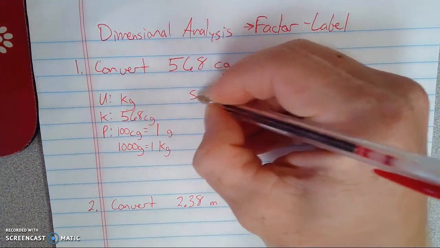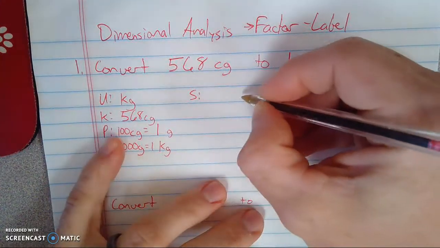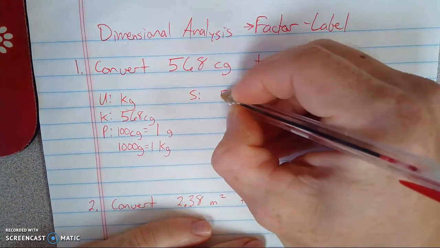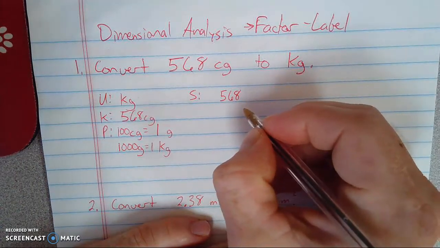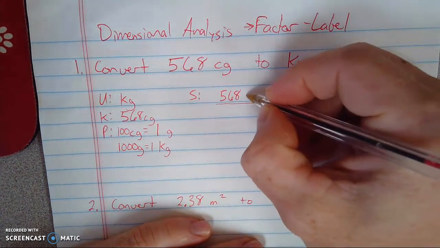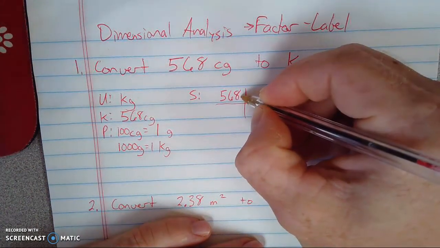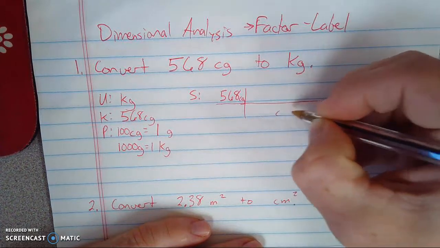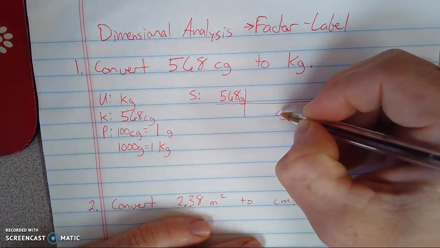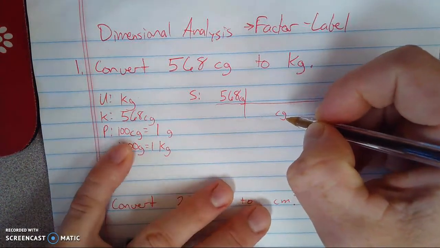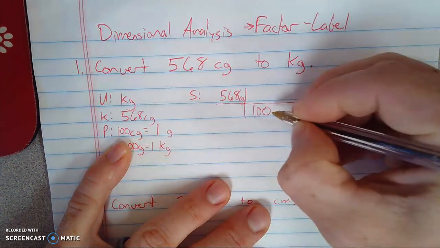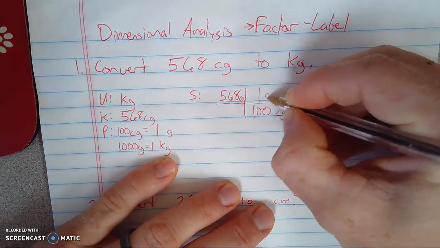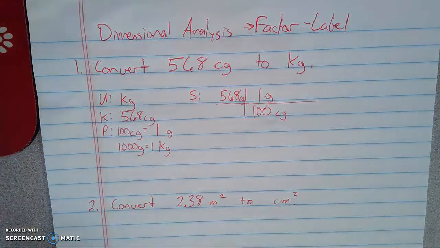So now we're going to solve. I always start with the known, so I'm going to write 568 and do the train tracks thing here. Centigrams: we start on the bottom of the first conversion, pull this 100 over here, and pull the 1 gram that it's equal to and put that on top. The centigrams cancel out.